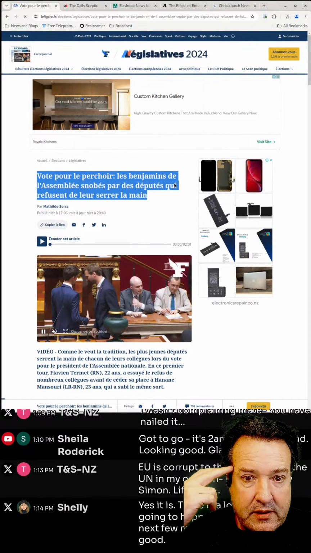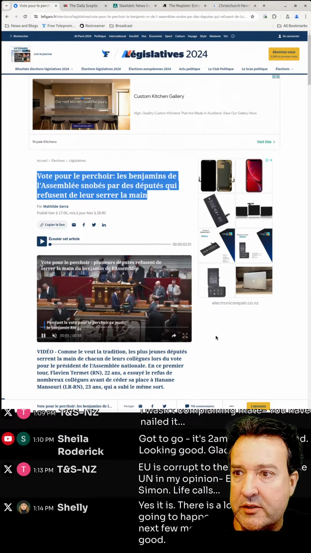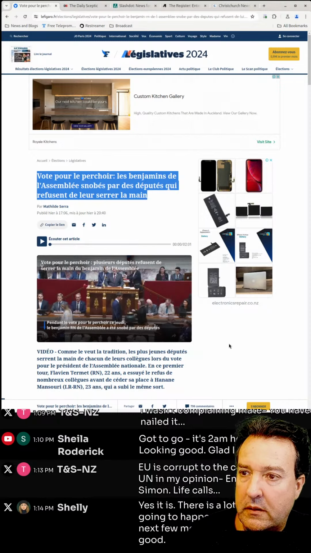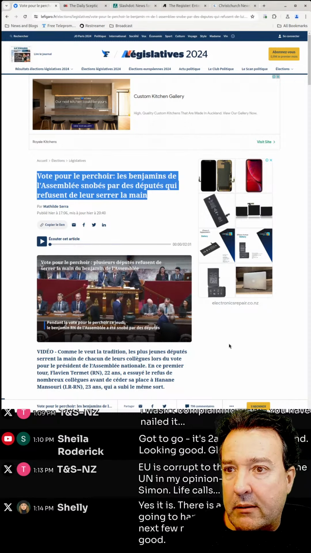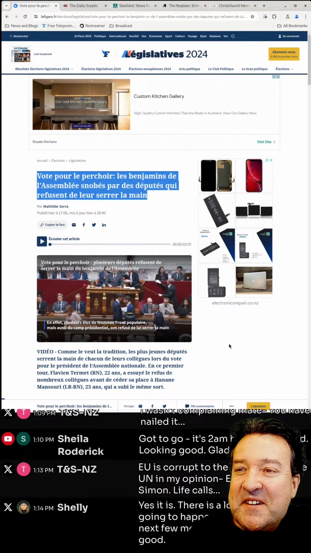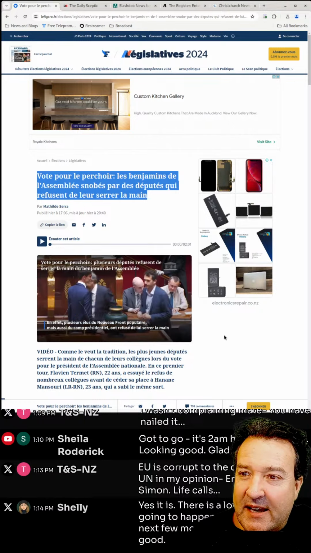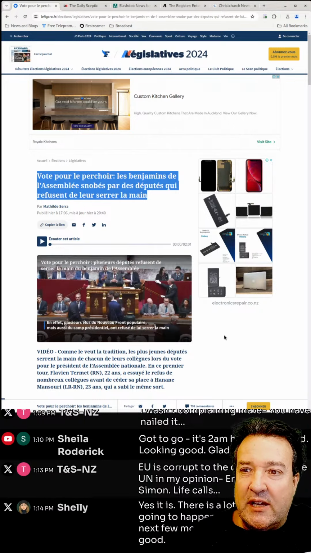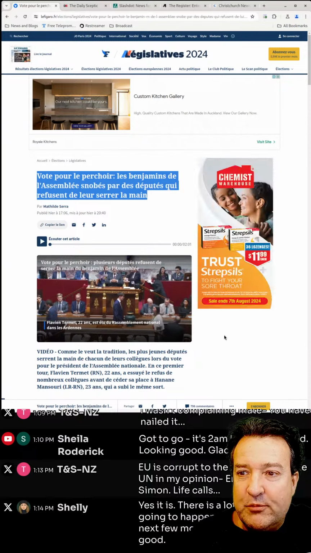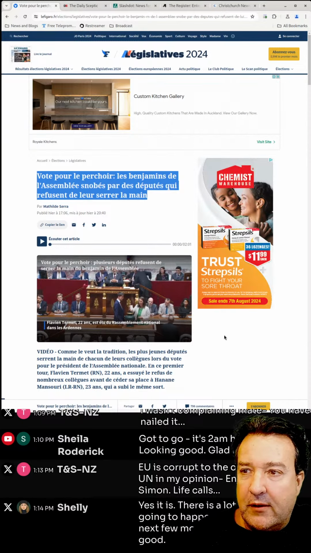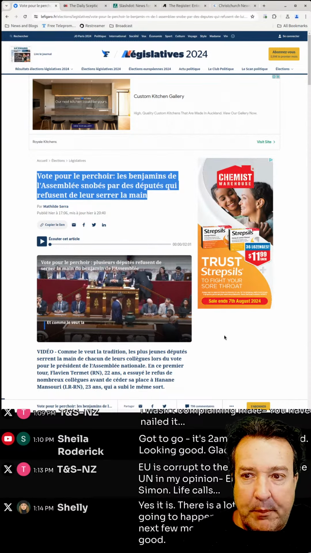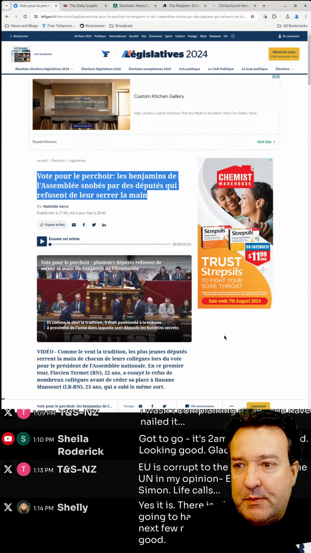The far leftists are the ones that have got into the French legislature, which is the Palais Bourbon in central Paris. Just being rude between the candidates, and not shaking hands, and just showing contempt for one another effectively. It's all pretty much a bit of a bun fight, and just people being ridiculous.